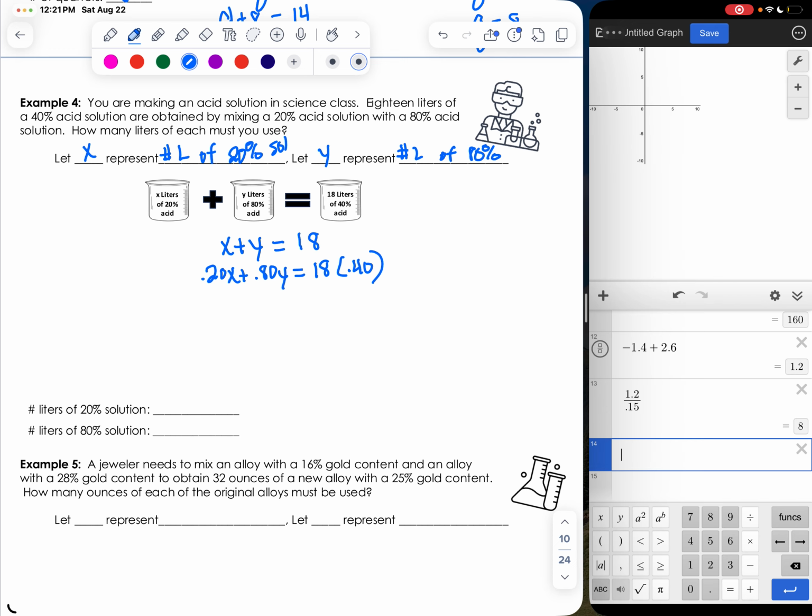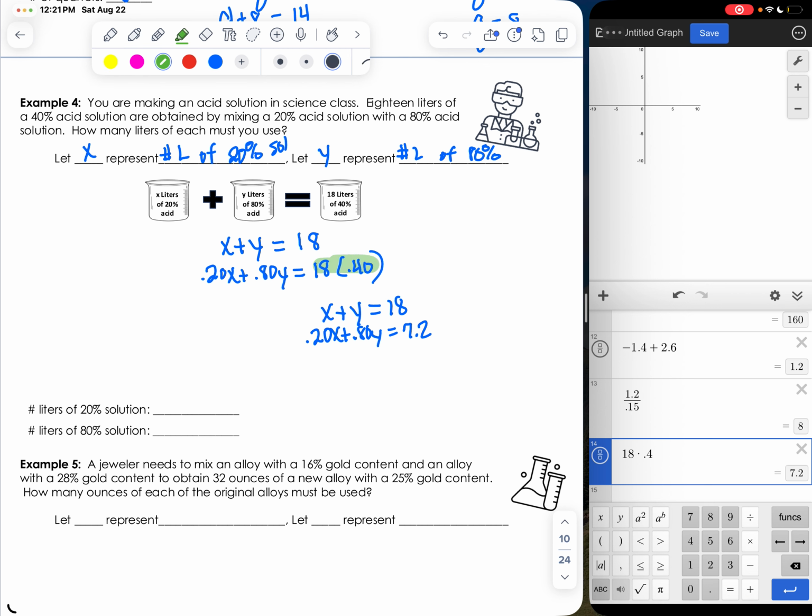Now, let me simplify that equation a little bit. x plus y equals 18, and 0.20x plus 0.80y equals 18 times 0.4, which would be 7.2. So all I did there was simplify it by multiplying this out.